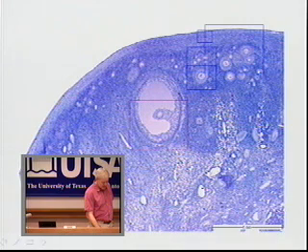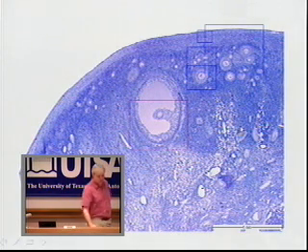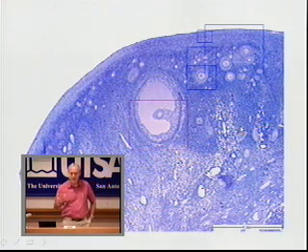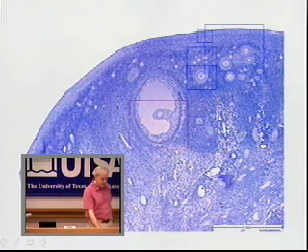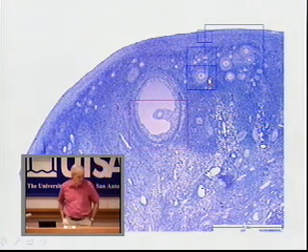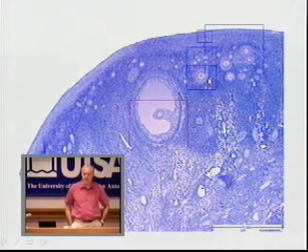So here we see this diverse distribution and population of follicles at different stages. Some are still primary follicles, maybe not recruited. Others are larger and undergoing development. So these larger follicles here are probably primary follicles that were recruited.